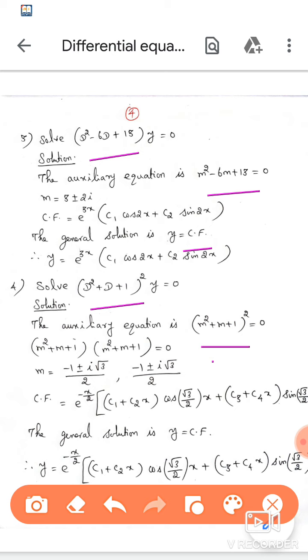We write this as (m square plus m plus 1)(m square plus m plus 1) is equal to 0. Okay, the roots of this equation are minus 1 plus or minus i root 3 divided by 2, twice.